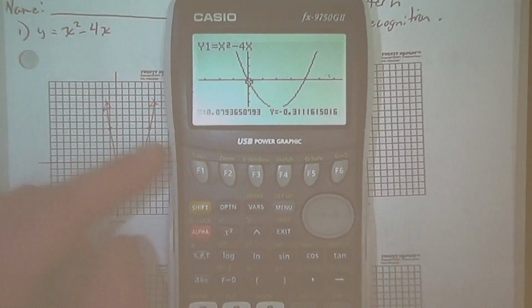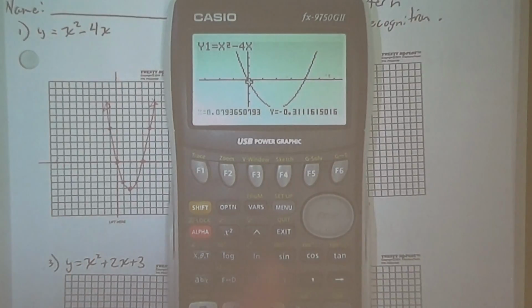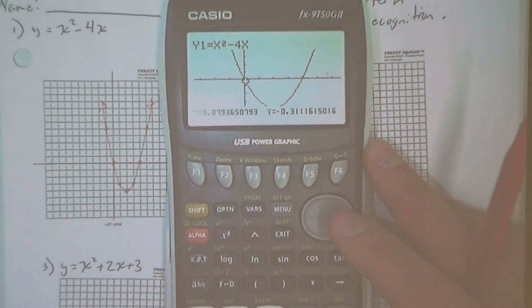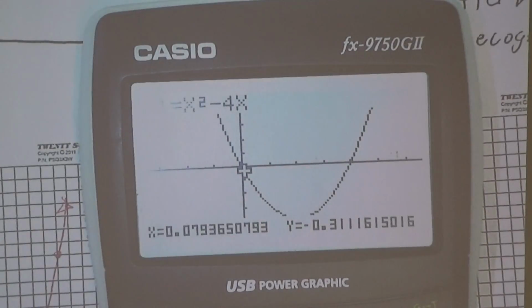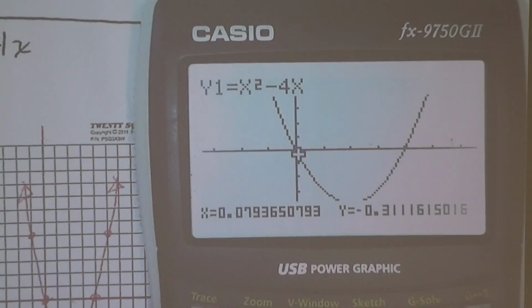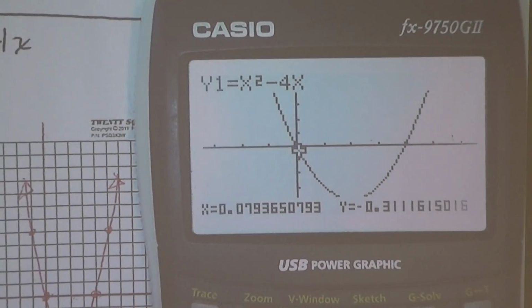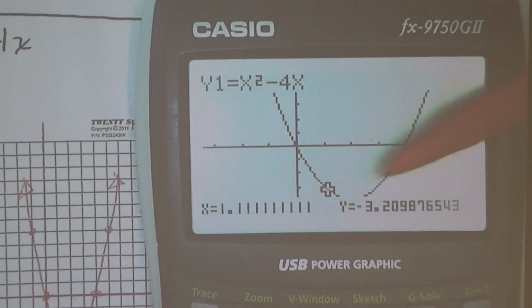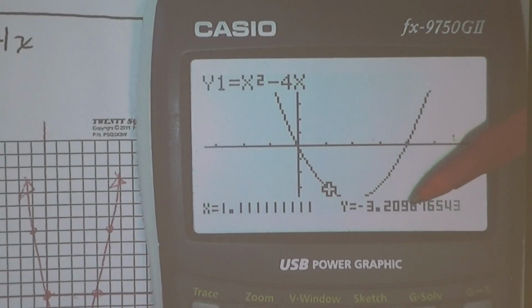So I can trace, it's not perfect, but I can trace that and get my x and y values. Everyone with me on that? I can trace using the thumb button and move that cursor around. I'm looking at my x values being whole numbers and what the output y values are.